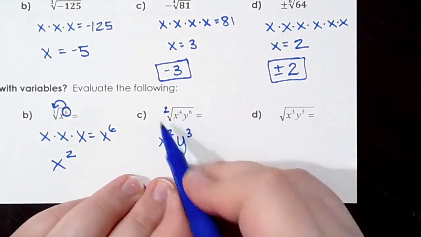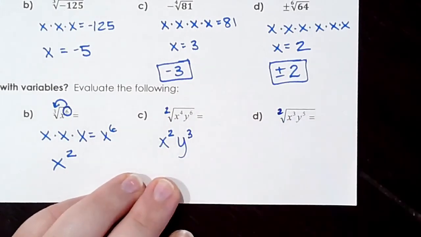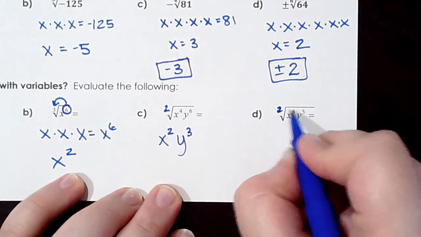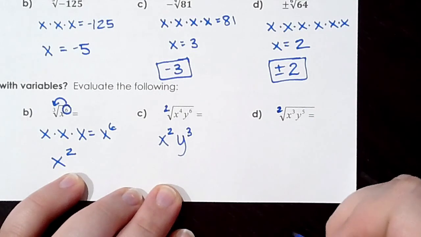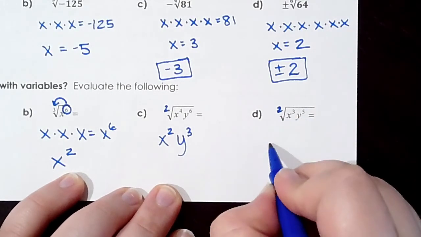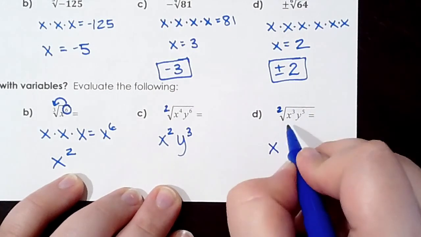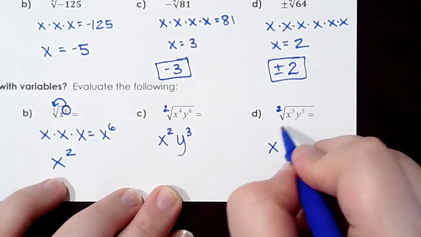Where this becomes a little tricky is when you have non-nice numbers. Here's the thing. I can pull out an x squared here. I can say there's a single x. How did I do that? Well, let's go back a little bit, I guess.